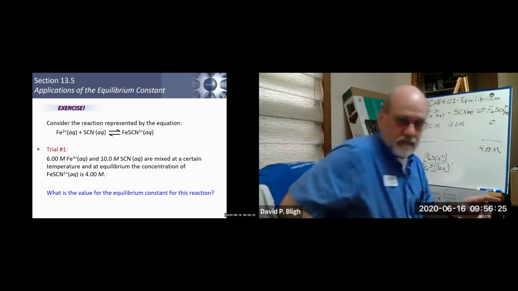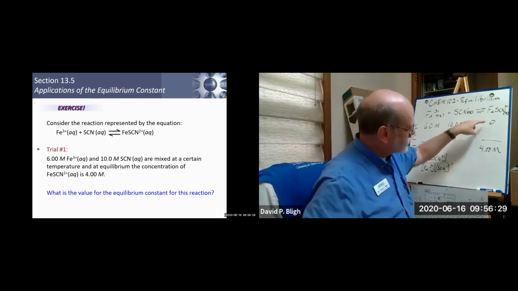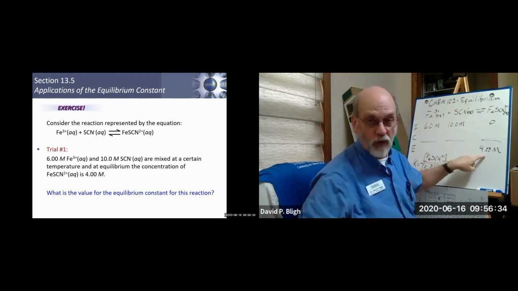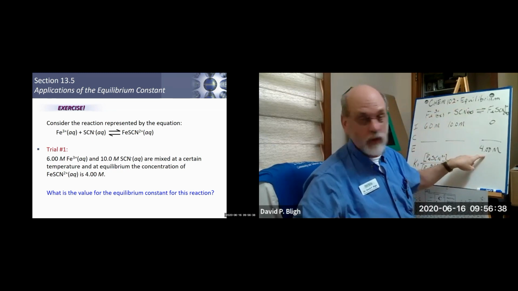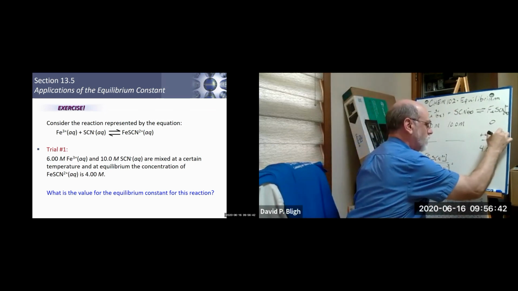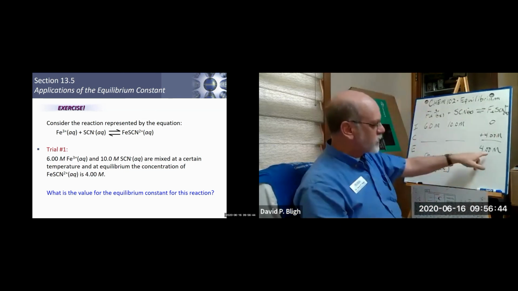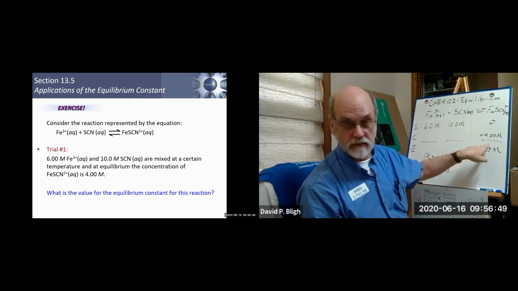So, look what happened. If we started with 0 and we end up at 4, how did we get that change? Well, we added 4. That's the only way you can get to here from there. We had to add 4. Right?